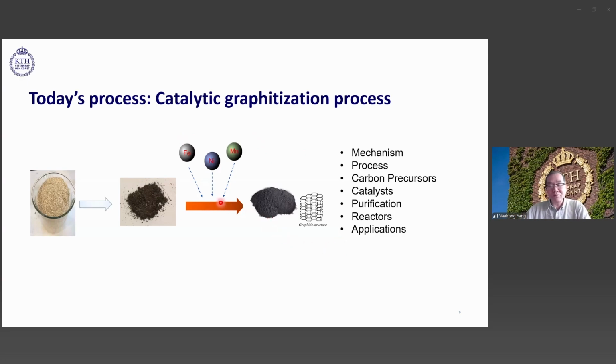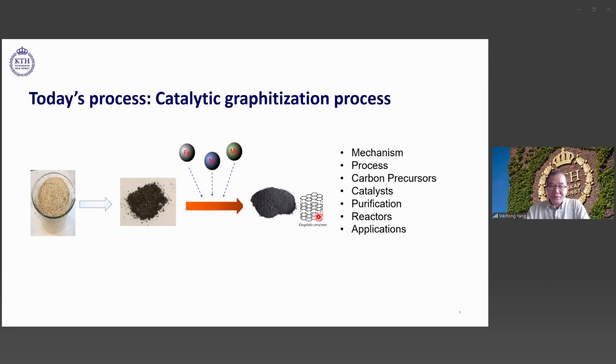You can force the structure of the biochar from amorphous to a very well crystallized one. So in this talk, I will talk about the mechanism, the process, which carbon precursors and catalysts, and how to do the purification, reactors, and some applications.